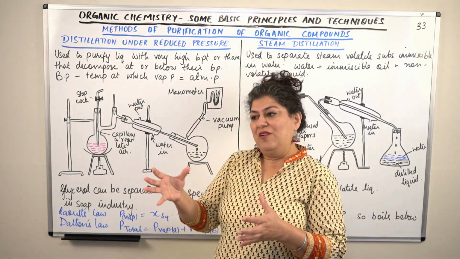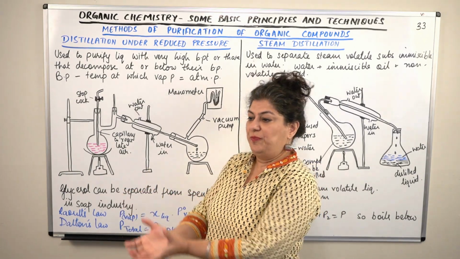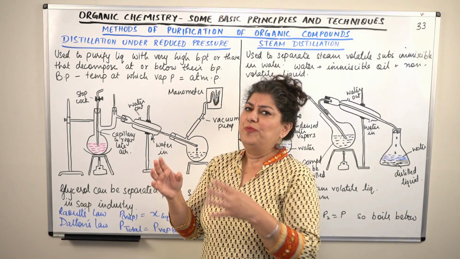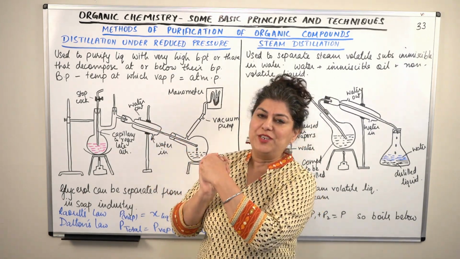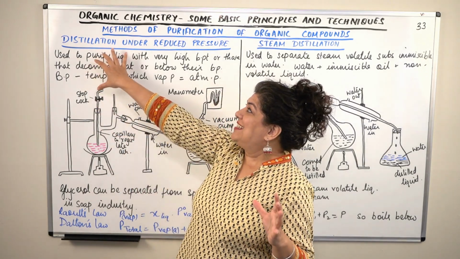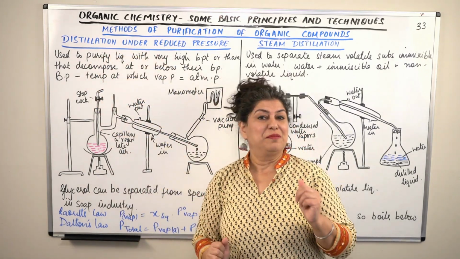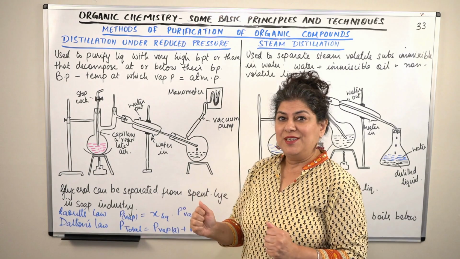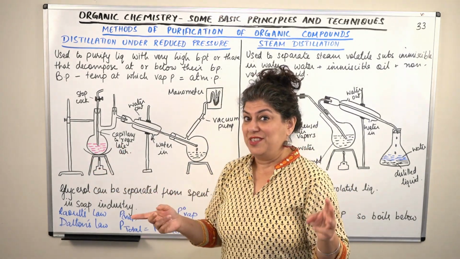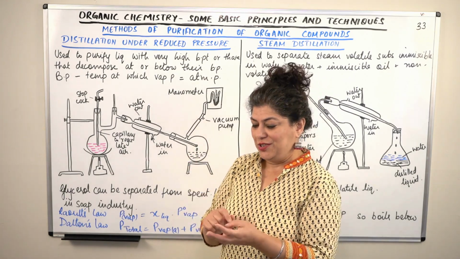So instead of wasting so much fuel just to bring it to its boiling point, if we could somehow manipulate it to make it boil at a lower temperature, would it not be smarter? So this distillation under reduced pressure is a smarter distillation. Smarter than simple distillation. Actually, all the distillations other than simple distillation are smarter distillations.